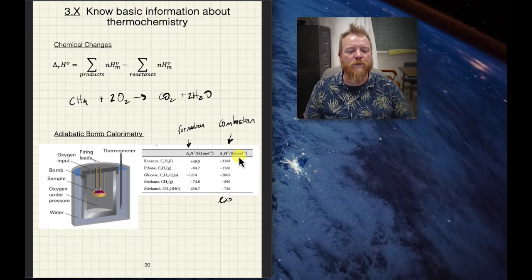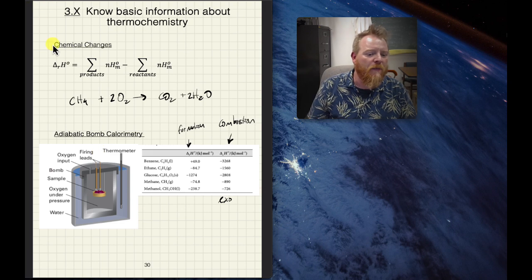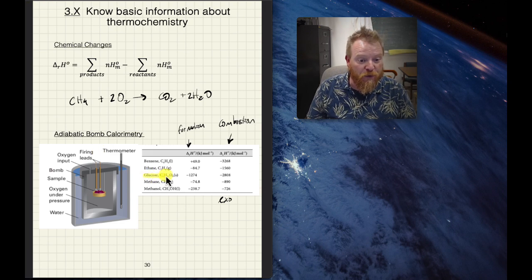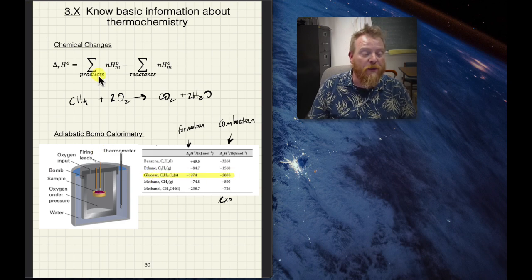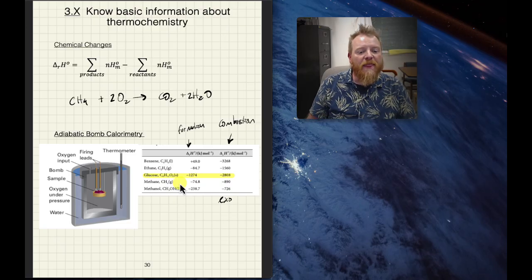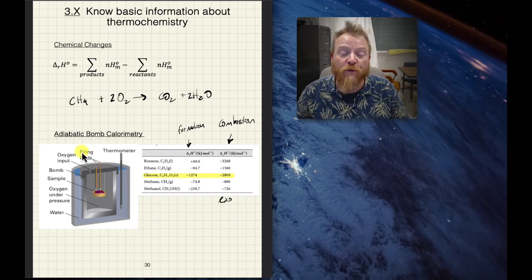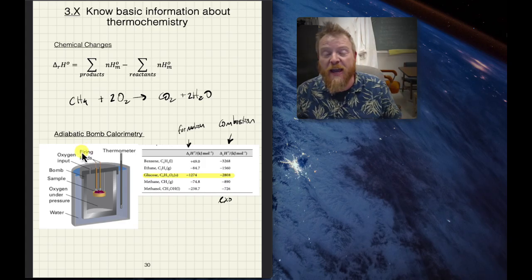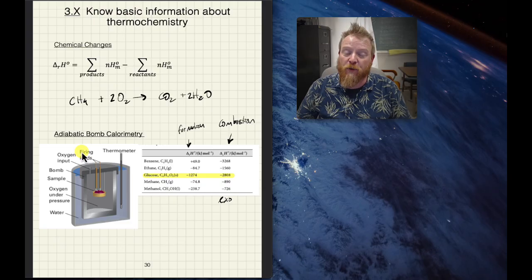So what's pretty cool about this, you can see this is showing some pretty standard compounds, but I'll highlight specifically glucose here. If you think about it, that glucose combustion reaction is, from initial to final, the same reaction going on in human respiration.